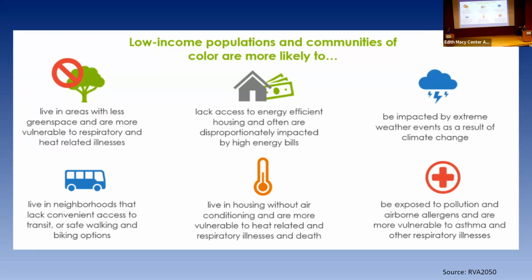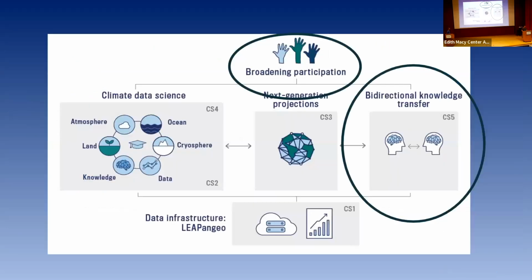So living in communities with more concrete as opposed to more trees, where are pollutants dumped, where are buses parked, et cetera, and how that gets organized around race and socioeconomic status that makes particular communities more vulnerable to the effects of climate change, in addition to the resources to respond to those threats.